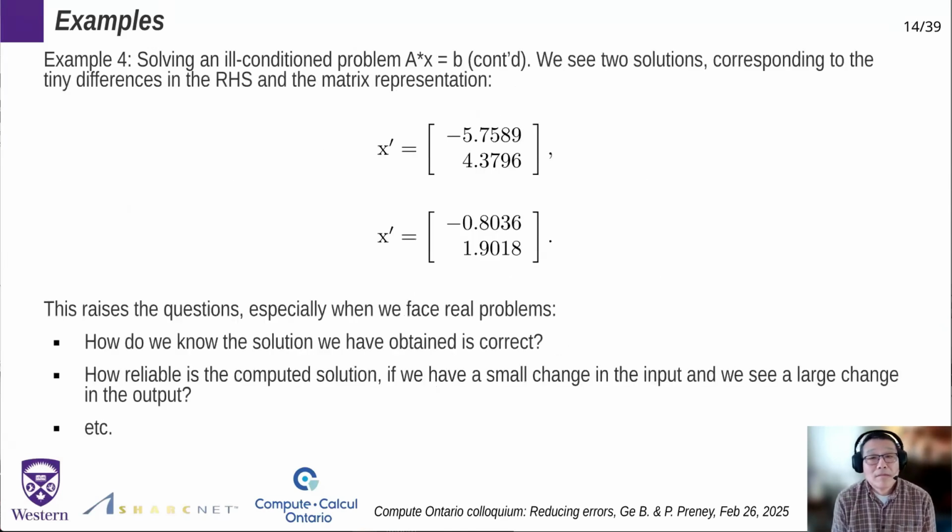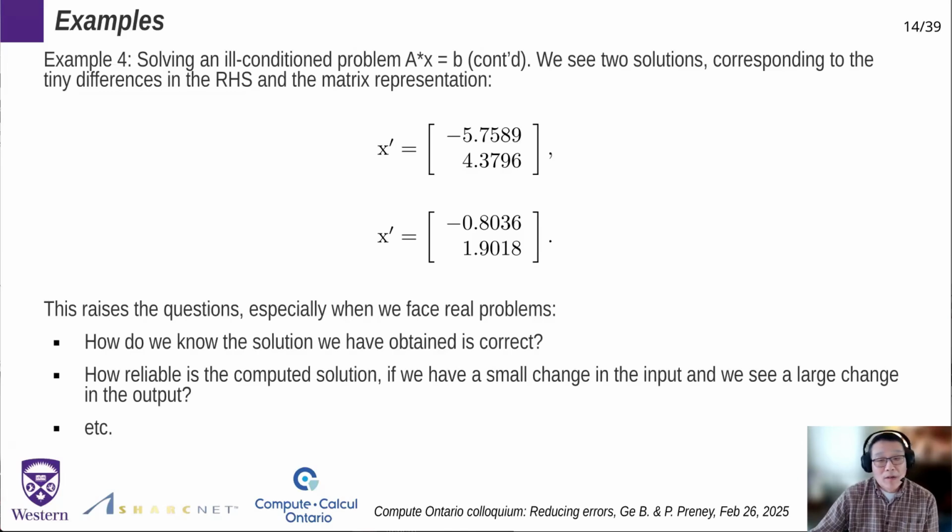So by doing this exercise, we made some changes to the right-hand side and the matrix A, and we got two very different answers. This is kind of like a real situation.